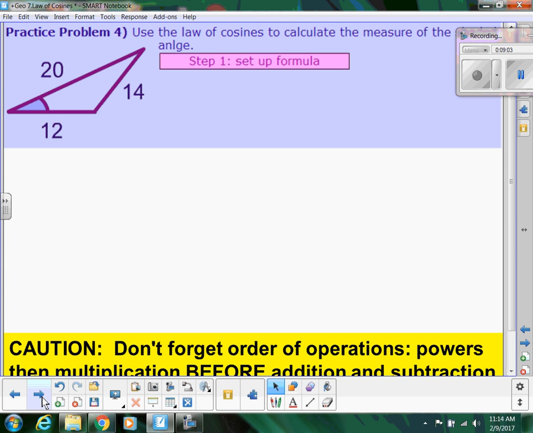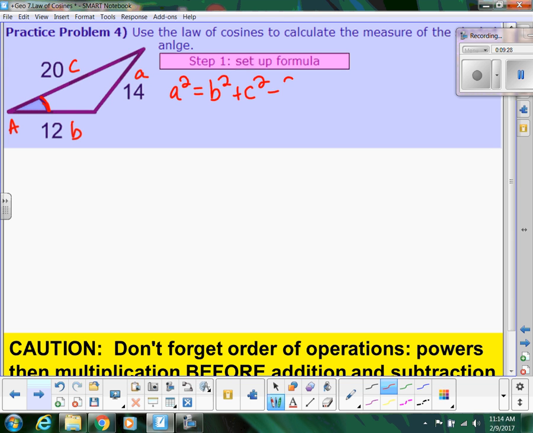But what if I have all three sides and no angle? Well, I can pick whatever angle I want, and I can find the angle that's in between two of the sides. So if this is my angle A, and that's my side A, then I can make these B and C. Okay, so again, I'm using a squared equals b squared plus c squared minus 2bc cosine of angle A. Okay, so here we have all the sides.